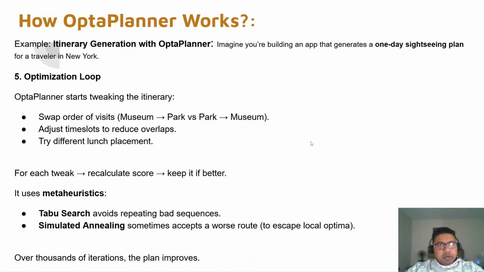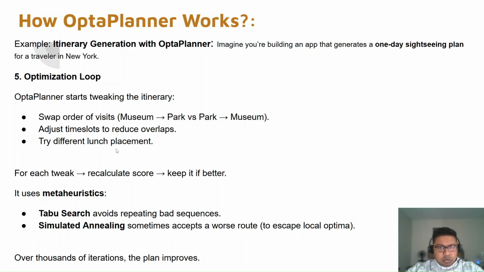We are again continuing how OptaPlanner works. For the same example, we saw the initial plan and then the optimization loop. Then OptaPlanner will reiterate and redo that, and it starts tweaking the itinerary: swap the order of visits, adjust time slots to reduce overlaps, try different lunch placement.